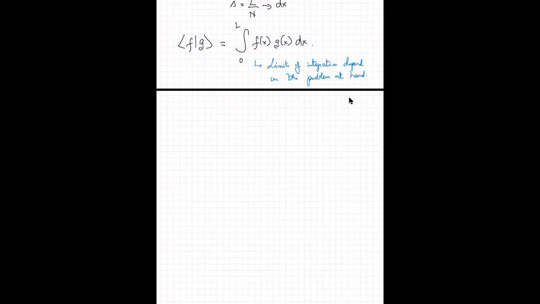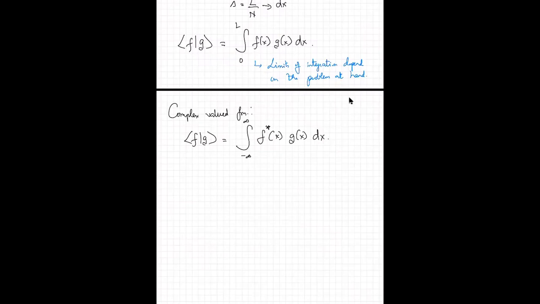Now, if these were complex valued functions, the inner product would generalize to, as you can easily guess, minus infinity to infinity. I'll write minus infinity to infinity from now on because we will move away from the string example. F star of x, g of x, dx. Okay.